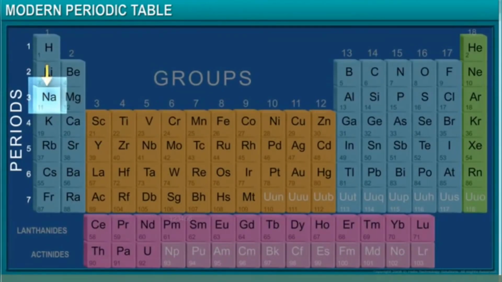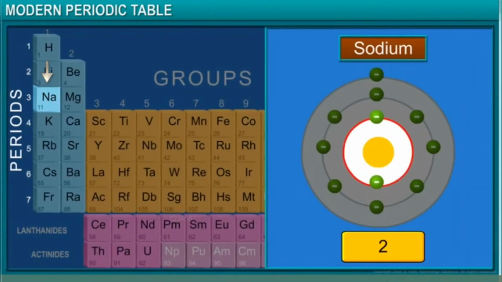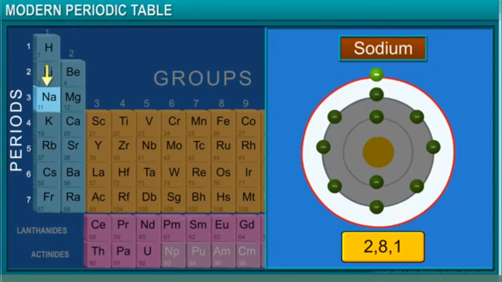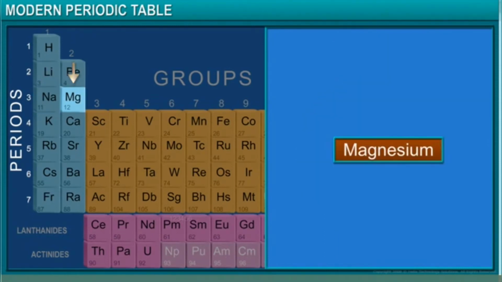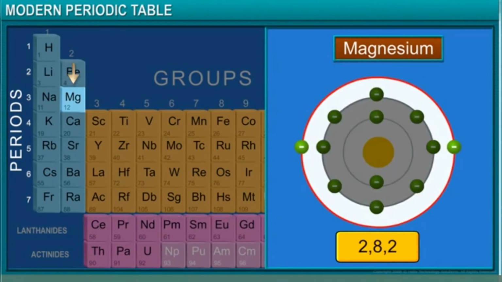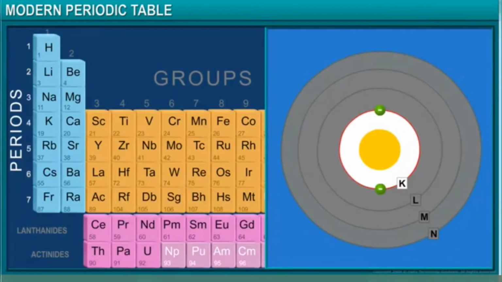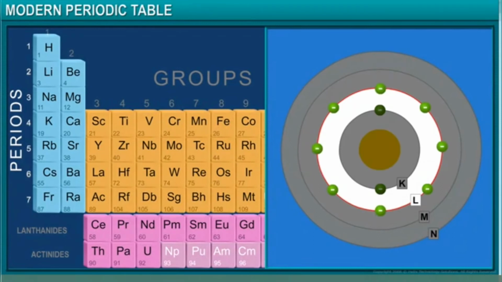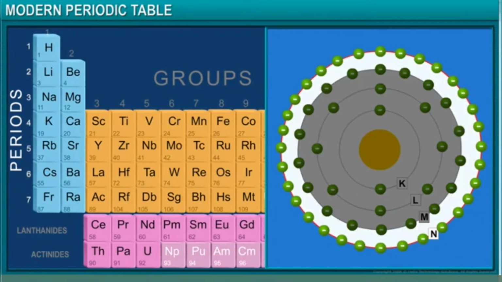The electronic configuration of sodium is 2, 8, 1, and magnesium is 2, 8, 2. In each period, a new electronic shell gets filled.